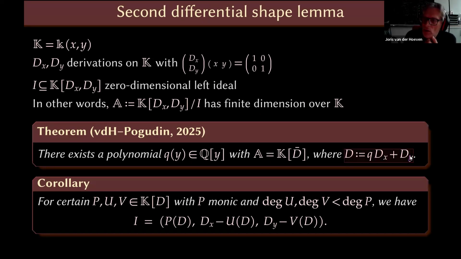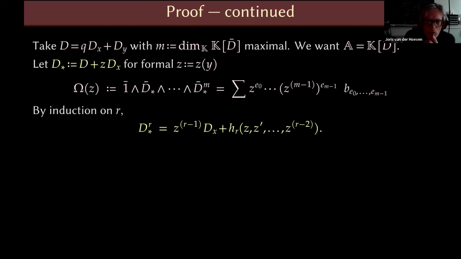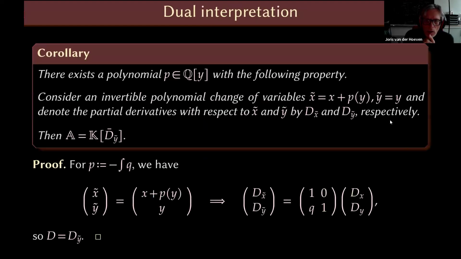But as we saw already before, we can also look at changes of variables, which induce that change of derivations. And since our change of derivations was particularly simple, it turns out that there's also a nice invertible polynomial change of variables, which we see here.